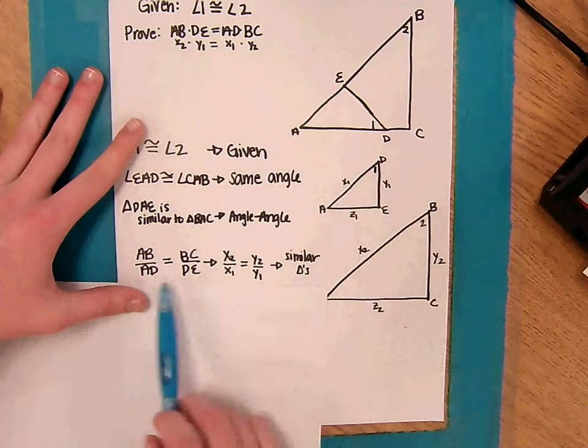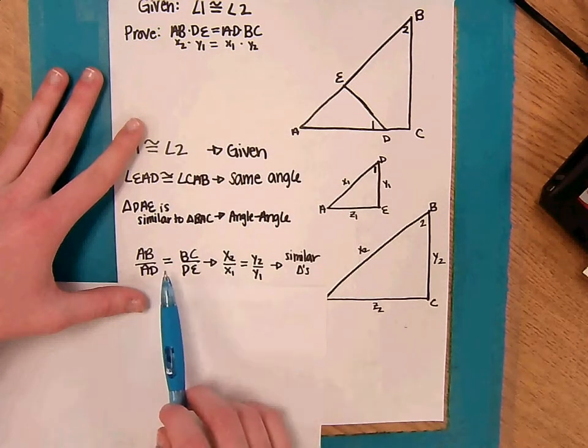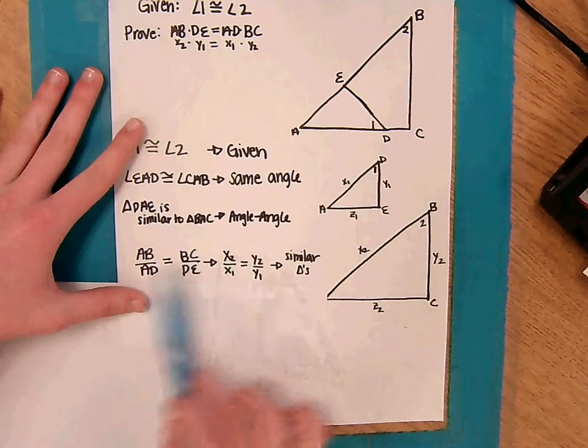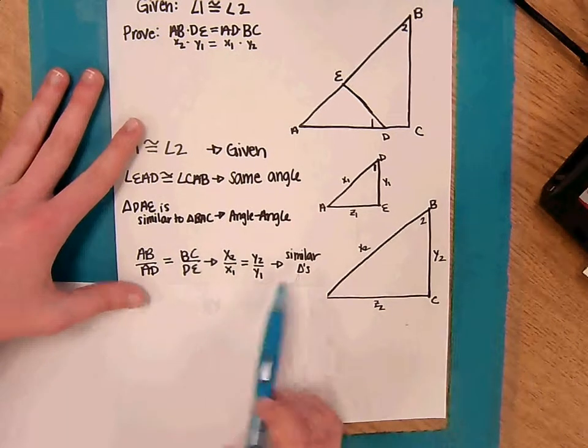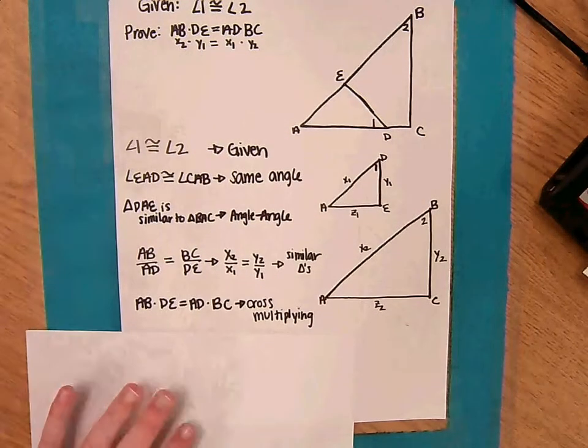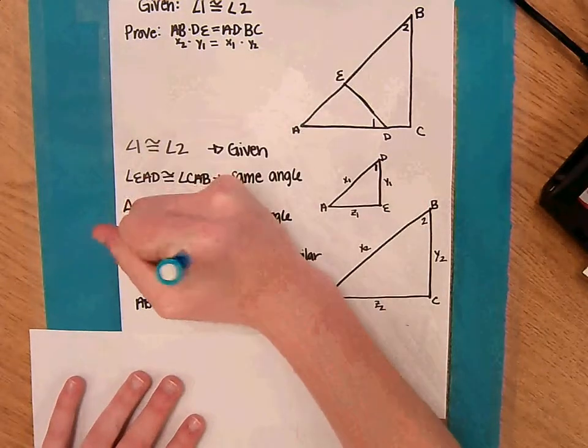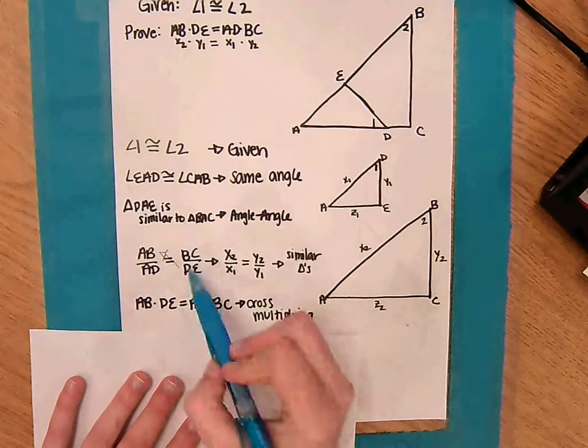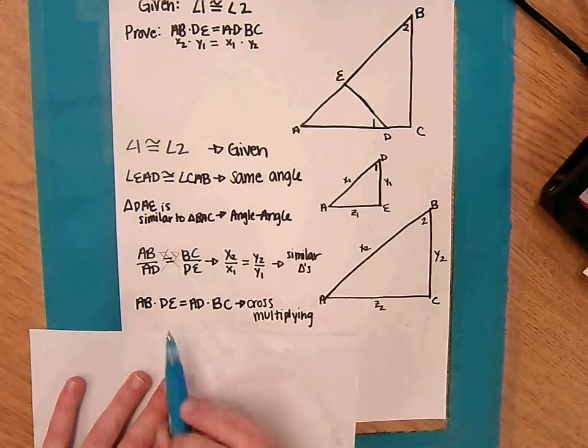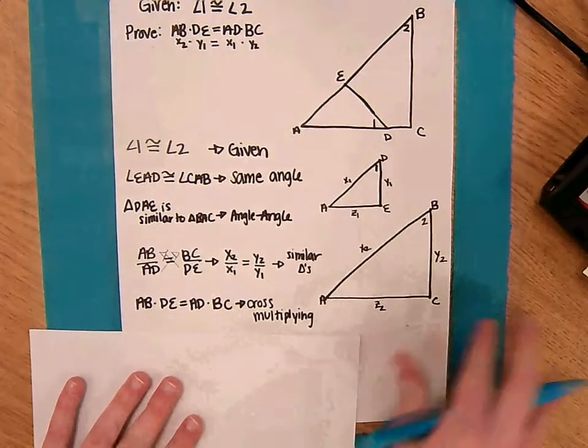And then I translated that into the actual lines. And you were able to do all of this because you proved that they were similar triangles. And then you just cross multiply again. You bring this up here, and then you bring this up here, and that's what you get with cross multiplying.